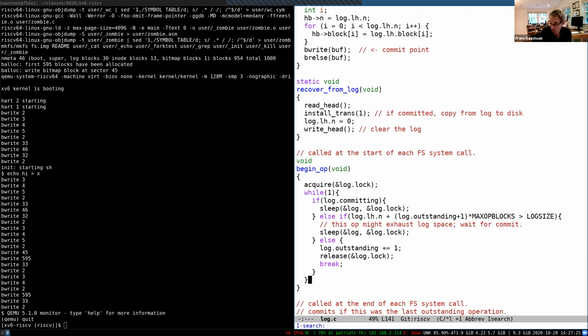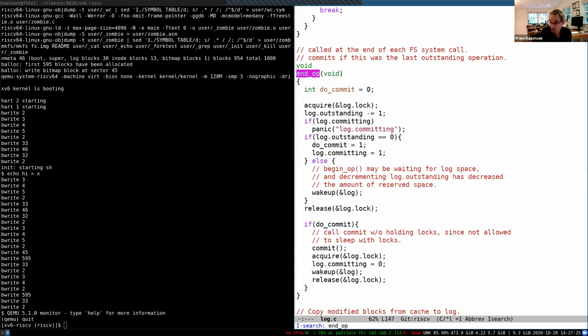If you now look at end op again, you see that end op decreases log outstanding by 1 because one transaction has finished. It would certainly be an error if we were in committing state, so we panic in that case. If we are the last one from that set of concurrent transactions and log outstanding goes to 0, we immediately start committing.